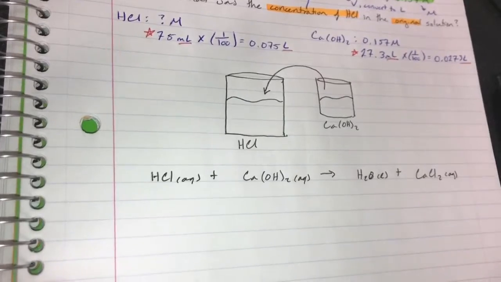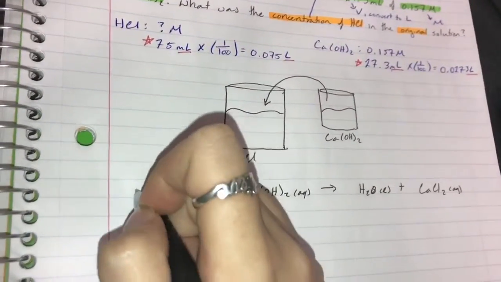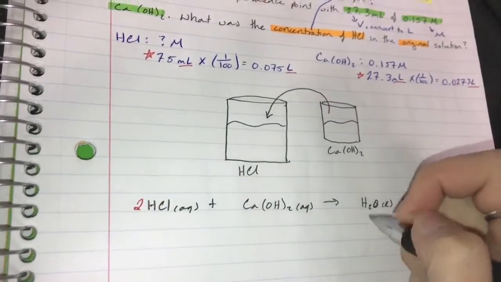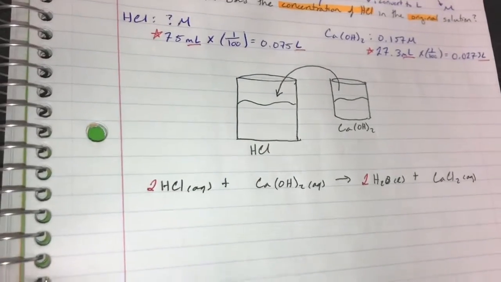Now another common mistake here would be to just write the equation out and forget to balance it. So if we balance the equation out, we're going to get 2 hydrochloric acids and 2 water molecules.